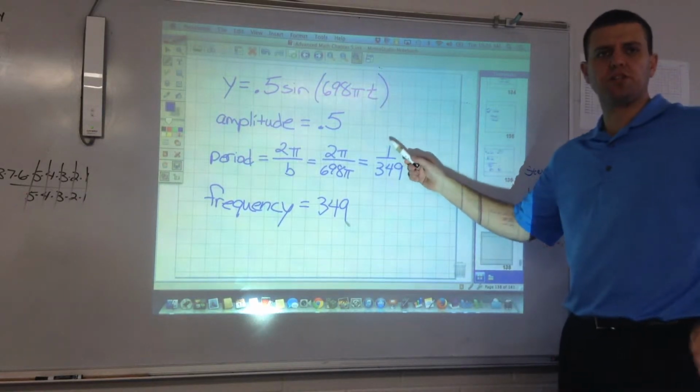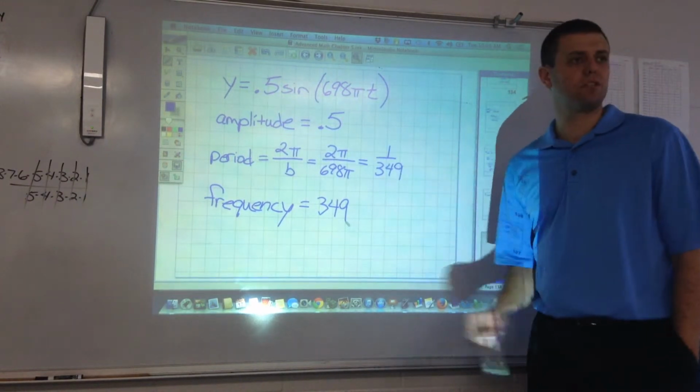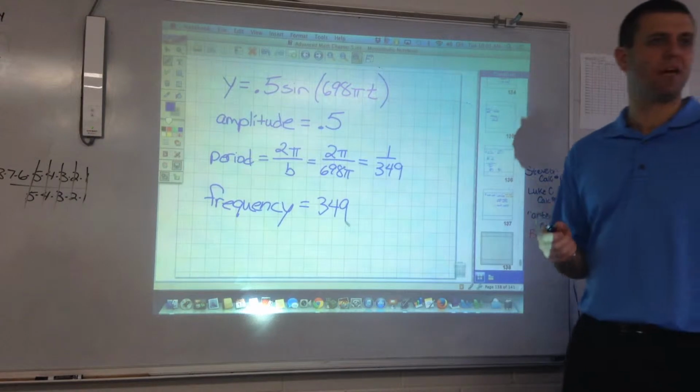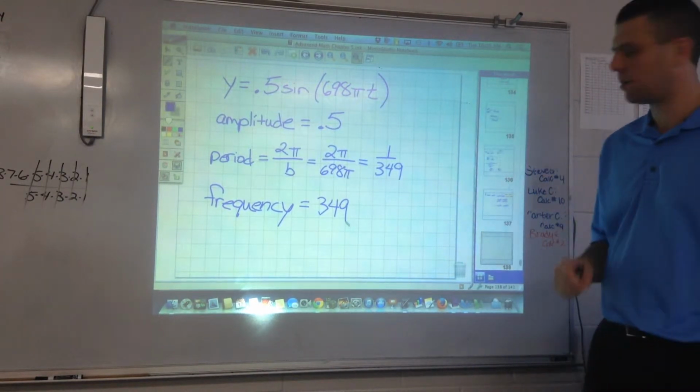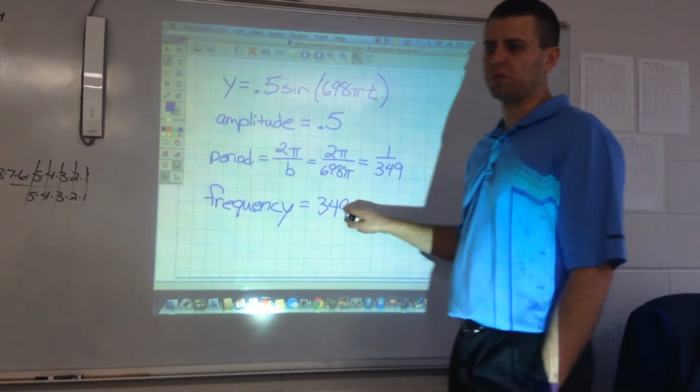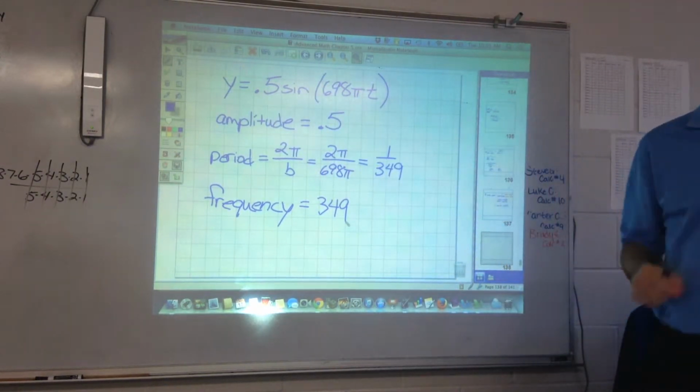The period tells you how long it takes to complete one wavelength. The frequency basically tells you how many wavelengths it completes per time unit. It's the reciprocal. So this would be the frequency: how many wavelengths it completes in one time unit.